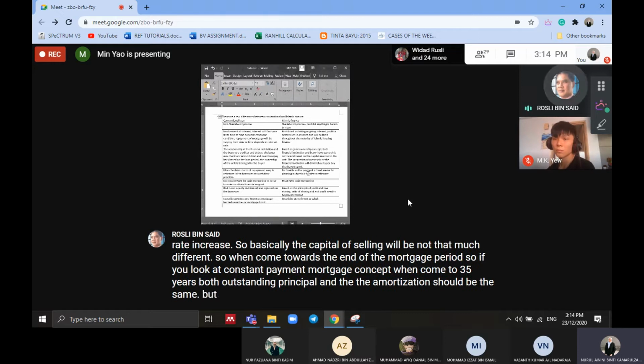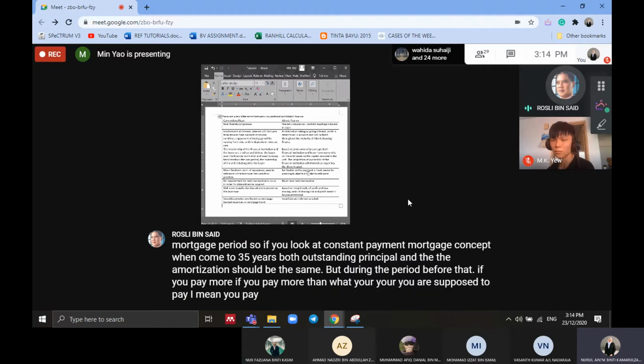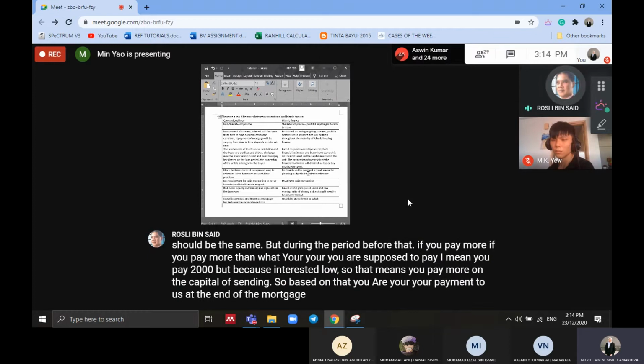But during the period before that, if the interest rate is low, you pay 2,000 but more goes to the capital outstanding. So based on that, your payment towards the end of the mortgage period should be lower.